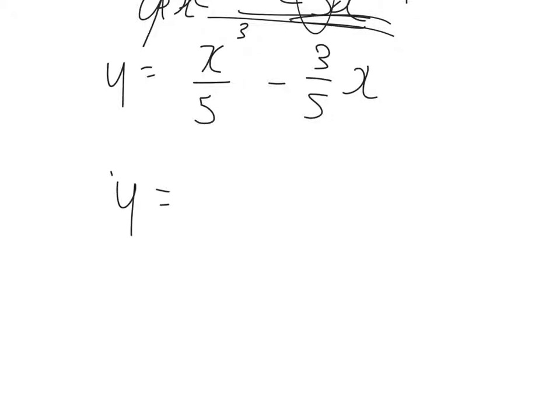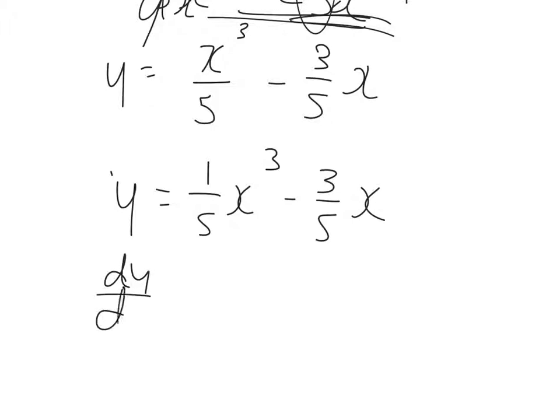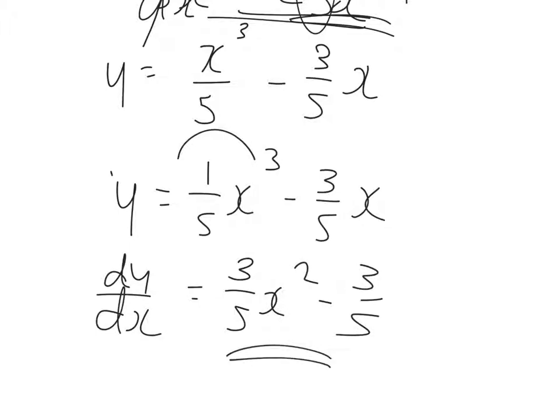Let's now write x cubed over 5 as 1/5 x cubed, so it's 1/5 x cubed minus 3/5 x. Prepare to differentiate. We've done that, so let's differentiate, and that will give me 3/5 x squared minus 3/5.